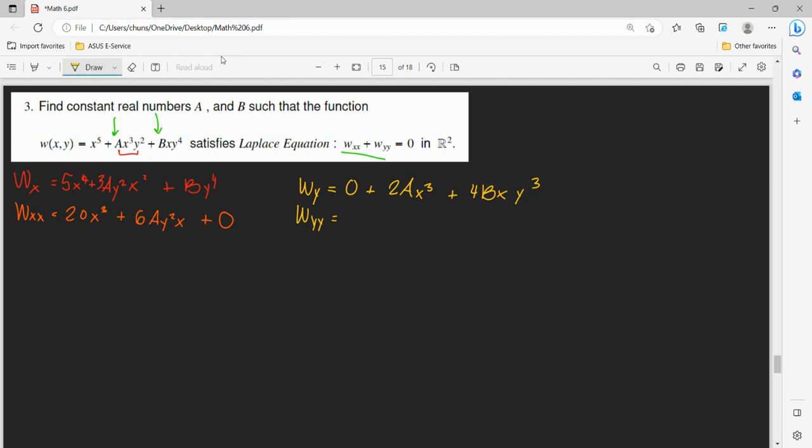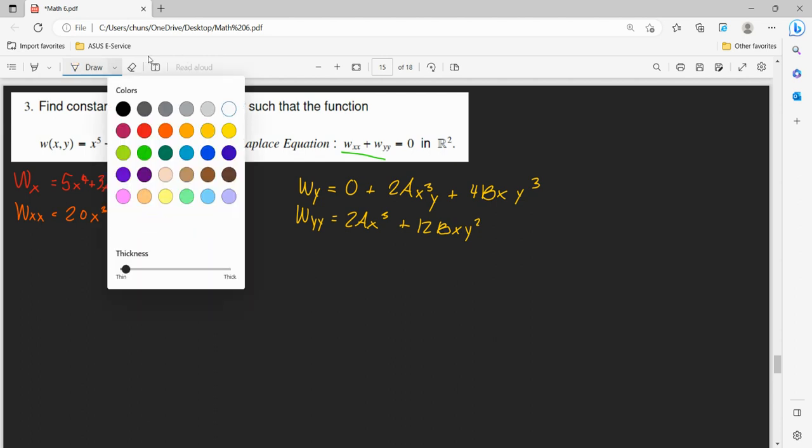There's no, actually there should be a y value there. Sorry, so this becomes 2ax cubed, and this is plus 12bx y squared.